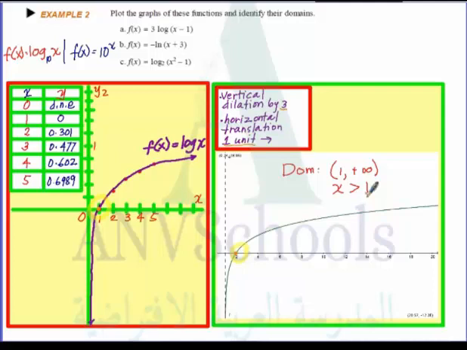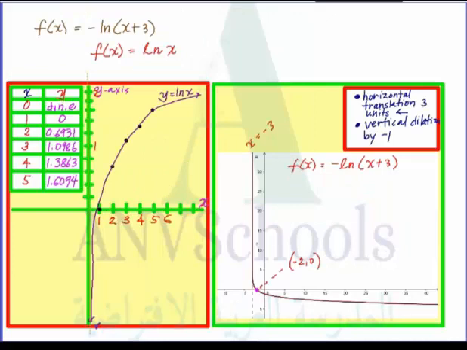Now let's go to the next function. Our next function is a natural logarithmic function having this graph. And so the domain of this is taken at the point where the asymptote is. This graph approaches x is equal to -3, increasingly positive, but will not reach x is equal to -3.